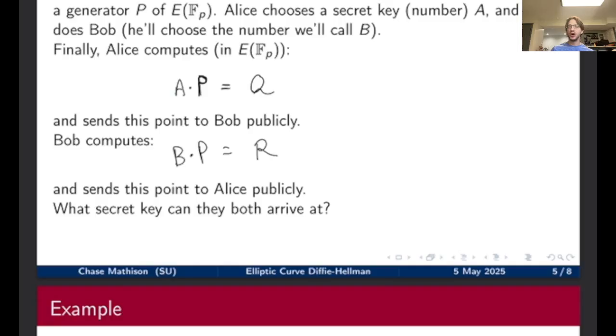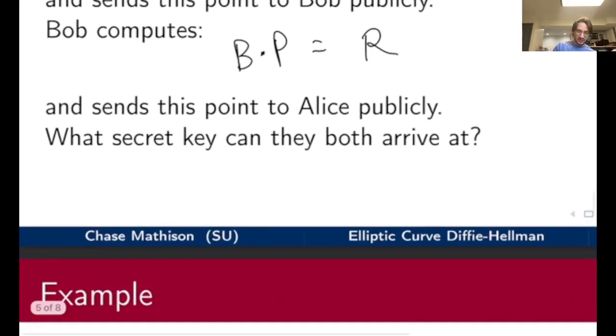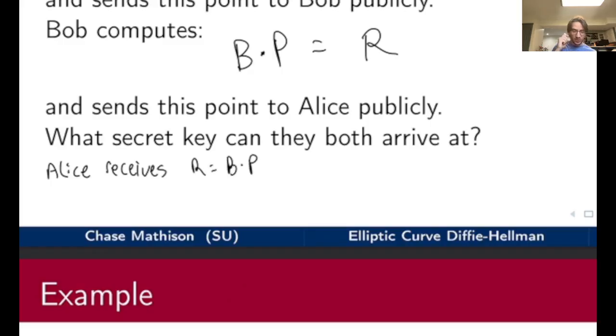Now the question is, what secret key can they both arrive at easily that an eavesdropper can't arrive at? Alice receives R, which is B times P. So what can she do? She computes the only thing she knows how to do: multiply this point by A, her secret number.